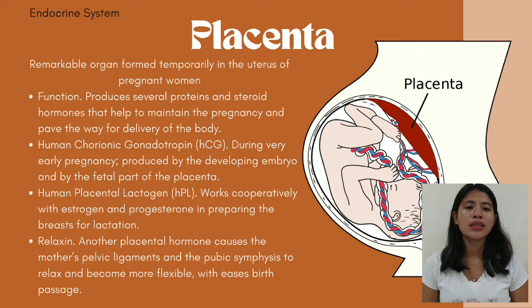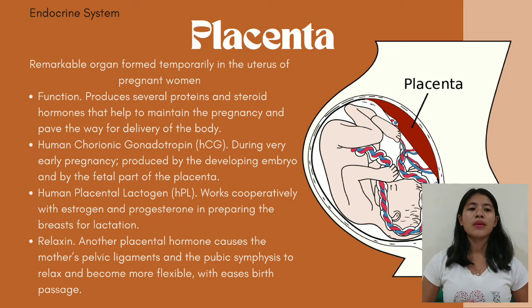And the relaxin, another placental hormone, causes the mother's pelvic ligaments and the pubic symphysis to relax and become more flexible for easy birth passage. So this relaxin hormone will help the mother's pelvic ligaments and the pubic symphysis to relax para malabas yung baby na maayos or easy for birth passage.